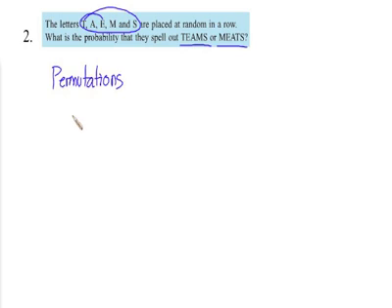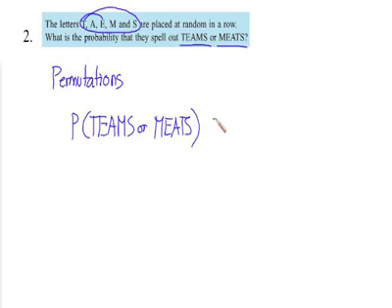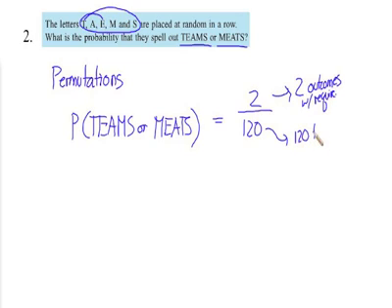So the probability of spelling teams or meets is 2 over 120. And this comes from, there are 2 outcomes with the requirements that I'm looking for, over 120 total possible permutations.